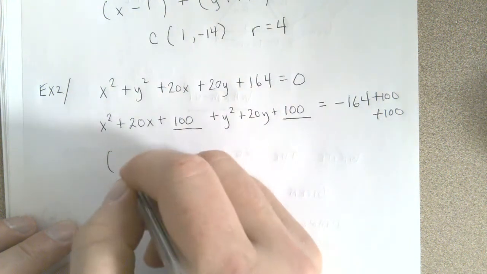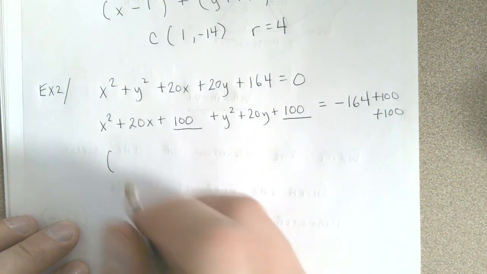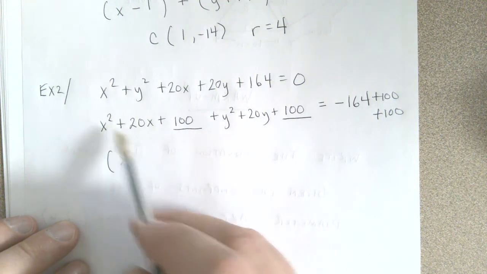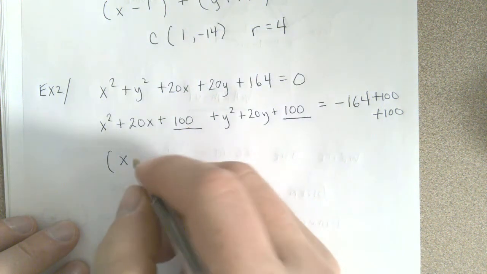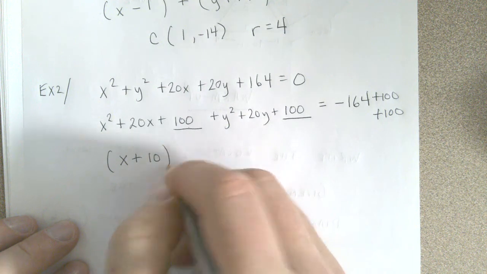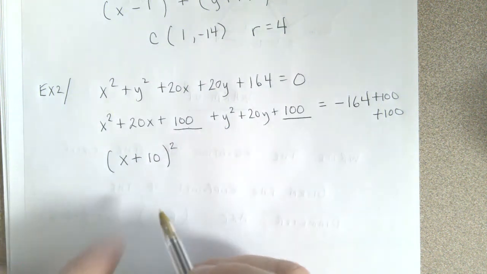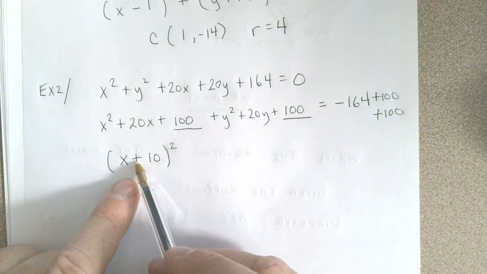For my parentheses, I may not have been clear on this on the first problem. For my parentheses, basically all you're doing is you're taking the square root of the first term and the square root of the second term. What's the square root of 100? 10. So it's x plus 10 squared. The other thing you've got to pay close attention to is this sign right here.